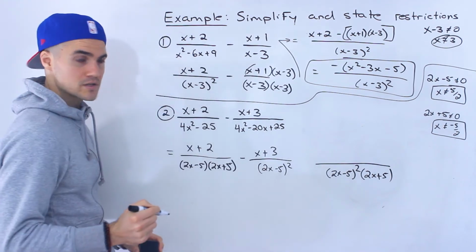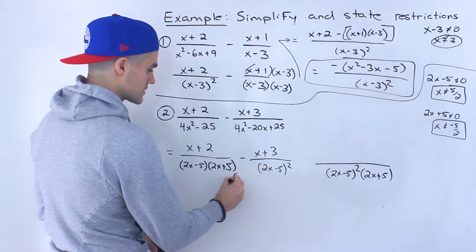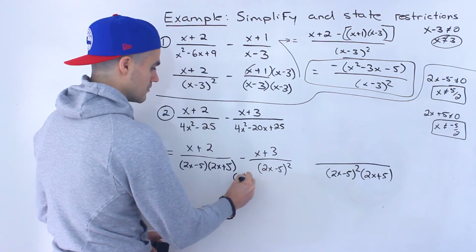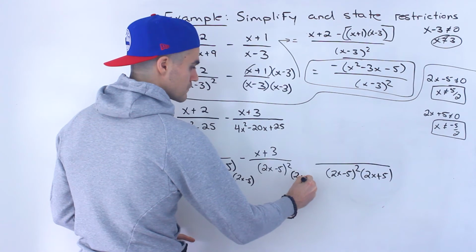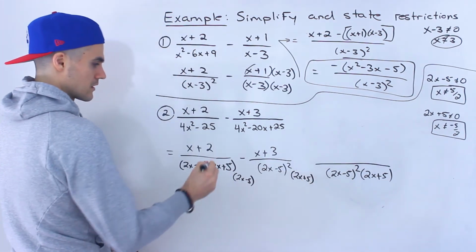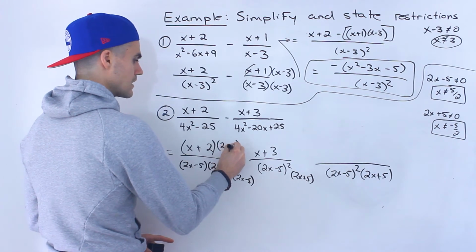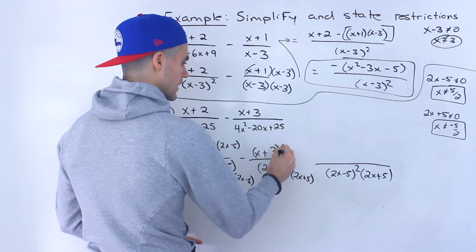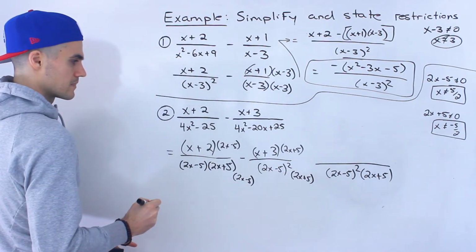That's going to be the lowest common denominator. Notice here, there's a 2x minus 5 missing, and then over here, there's a 2x plus 5 missing. And so this top here, we're going to have to multiply by 2x minus 5, and then this here, we're going to have to multiply by 2x plus 5 like that.